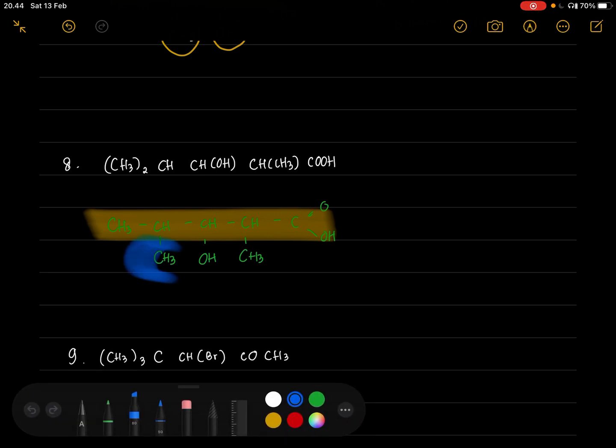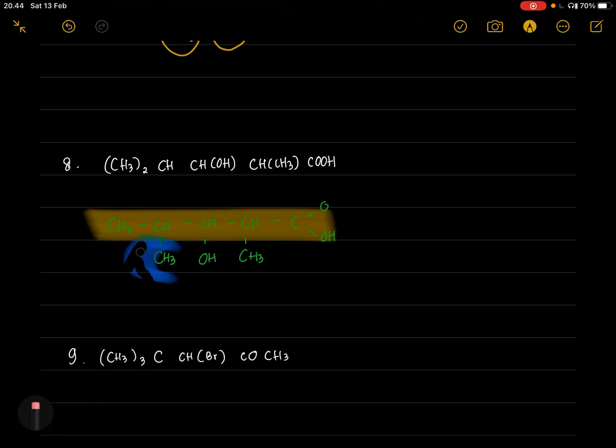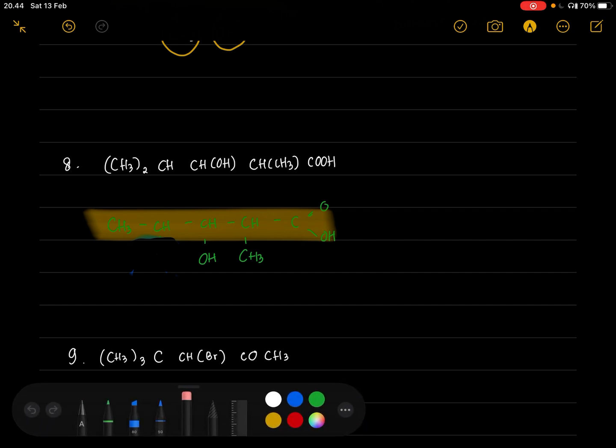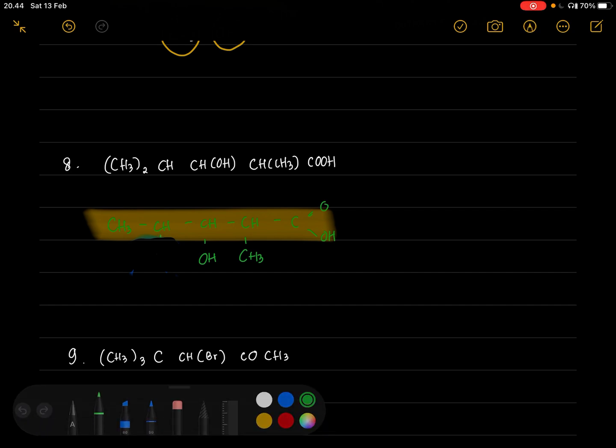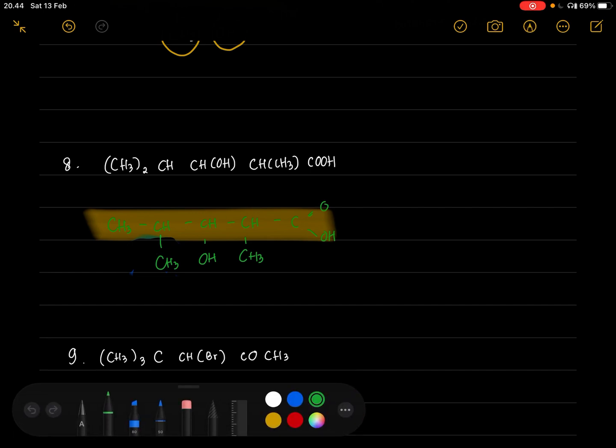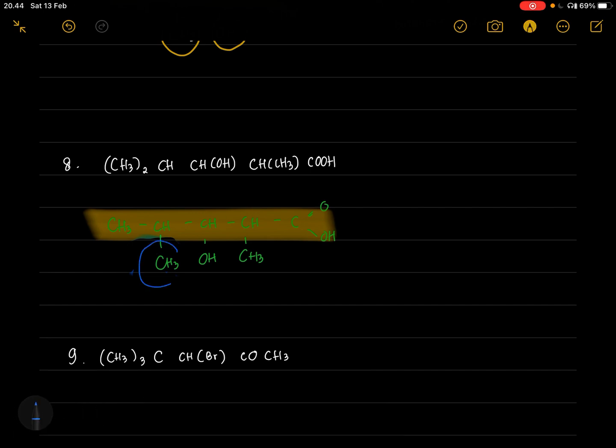Okay, so I'm planning to give the circle. I'm just using the green. All right. So these ones are the branches.